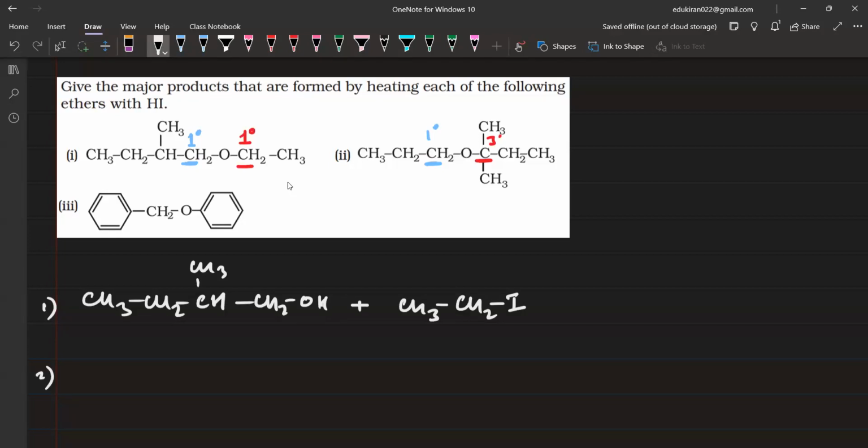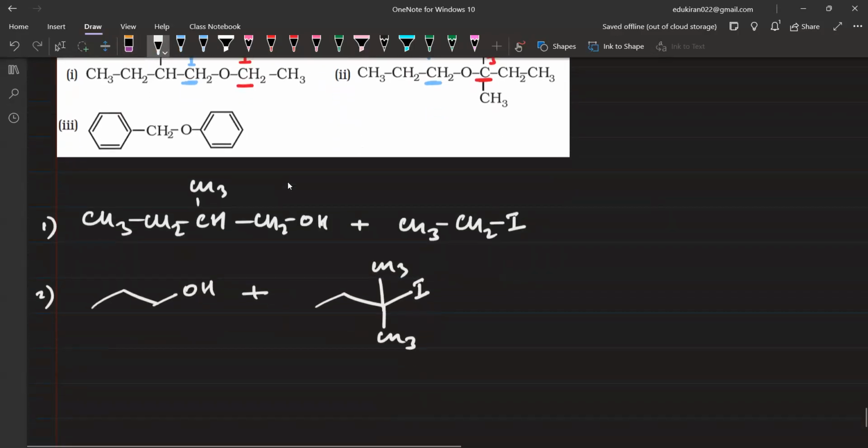Second वाले में क्या हो जाएगा? You will have CH3, 1 2 3 carbon atoms, and then OH, plus you will have 1 2 3 carbon atoms. This carbon atom will have halogen, CH3 and CH3 here. ठीक है, the halogen is going to be iodine, to be specific.